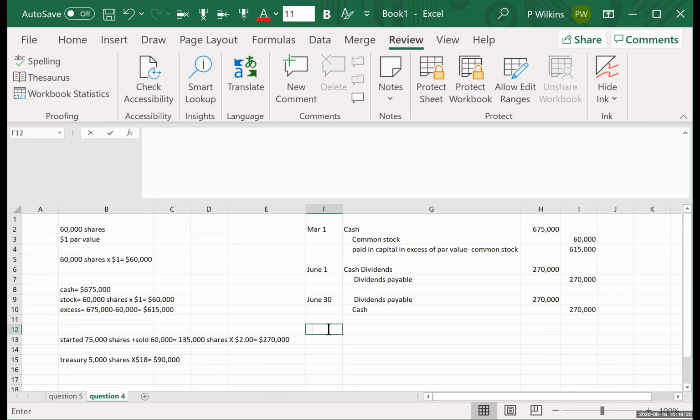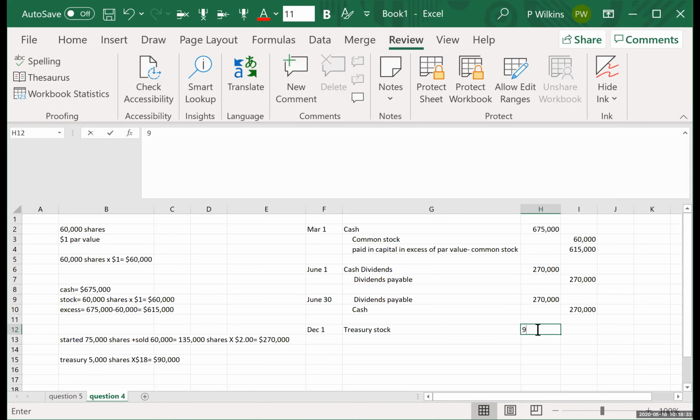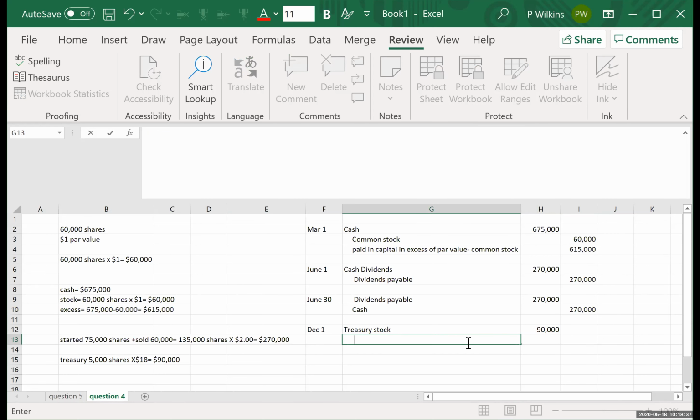So, December 1, we are going to debit Treasury stock, $90,000. And we're going to credit cash, because we paid it, $90,000. Okay.